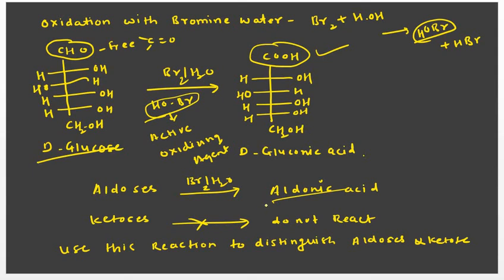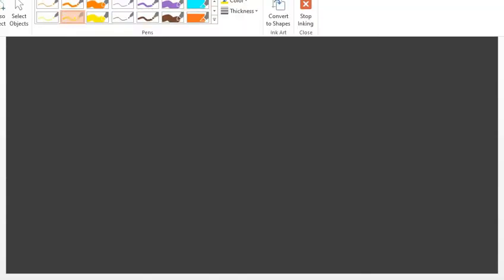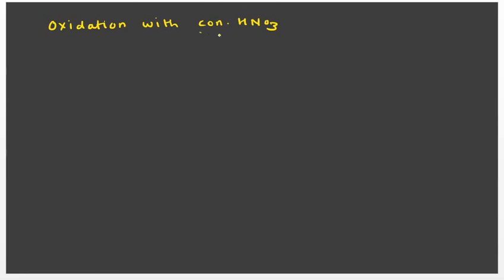Now I will see another strong oxidizing agent. So we will see oxidation by using concentrated HNO3 now. Now let's study the oxidation of D-glucose and D-fructose using concentrated HNO3. As I said earlier, concentrated HNO3 is a stronger oxidizing agent than bromine water.